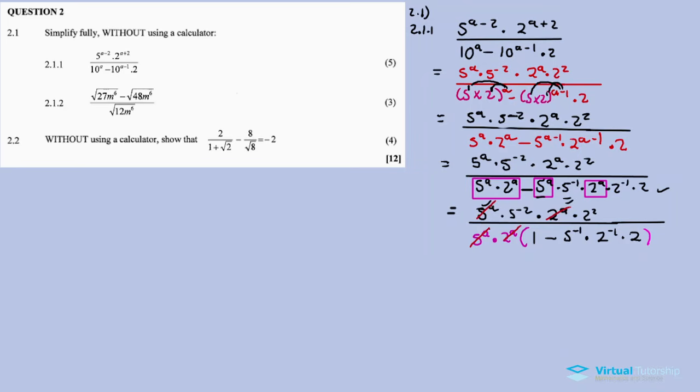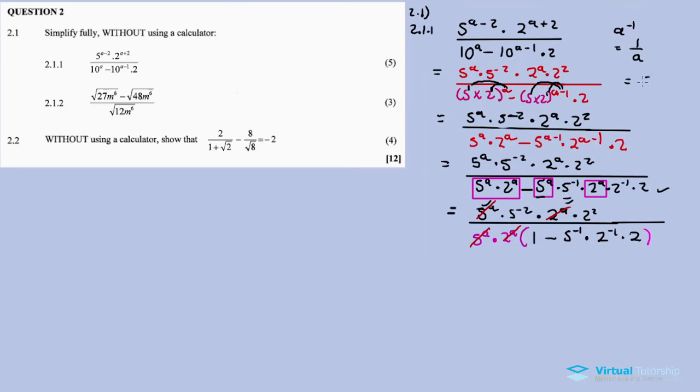So these cancel each other out, and then I am left with 5 raised to exponent minus 2 times 2 raised to exponent 2, and then this inside the bracket. So therefore we know that negative exponents, we write a raised to exponent minus 1 as 1 over a.